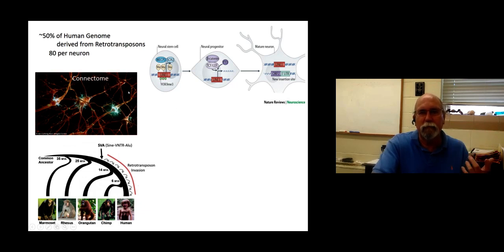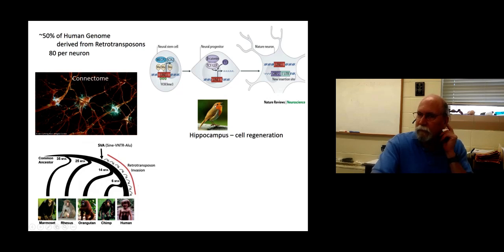Well, part of the wiring process, and probably why we're wired differently, is these retrotransposons. We certainly know that it occurs in things like songbirds. Chickens and things don't have a lot of retrotransposons in their brains, or they have them but don't see a lot of copies. Songbirds do, though.